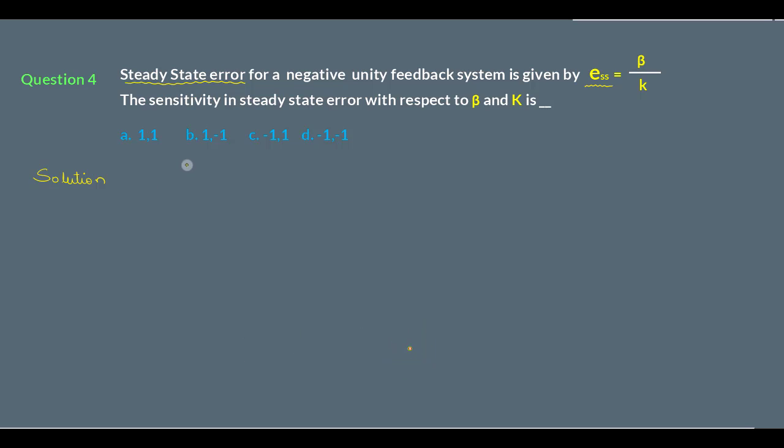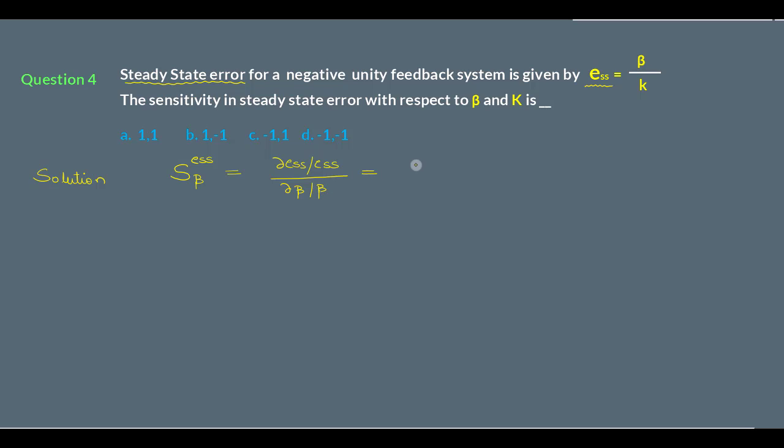Now first he is asking to find the sensitivity of a steady state error ESS with respect to beta. So the sensitivity of steady state error with respect to beta will be dou ESS upon ESS upon dou beta upon beta.